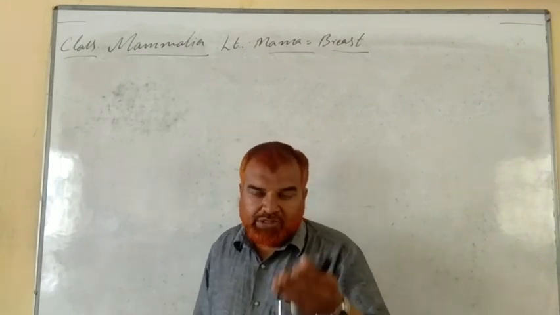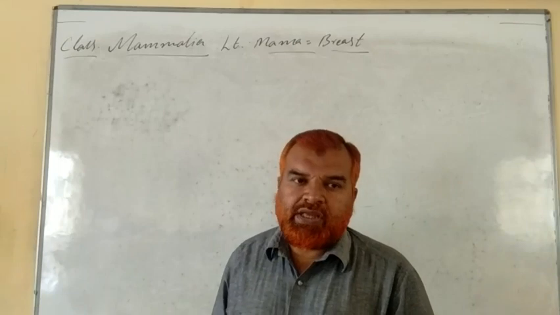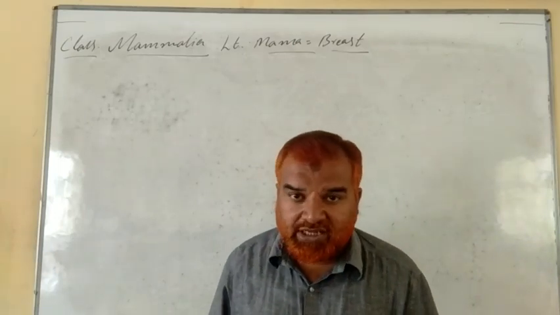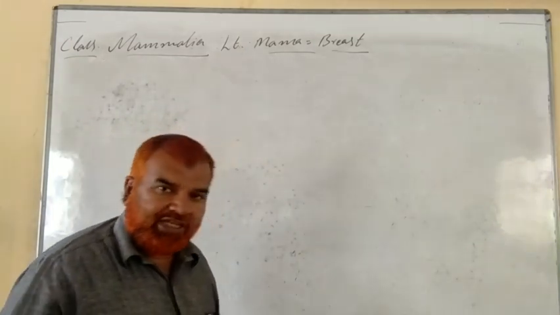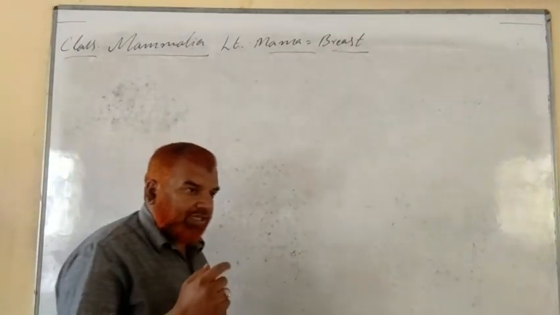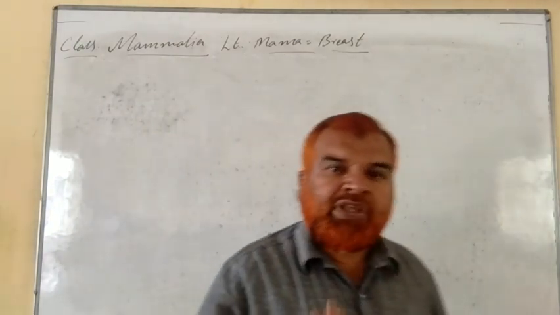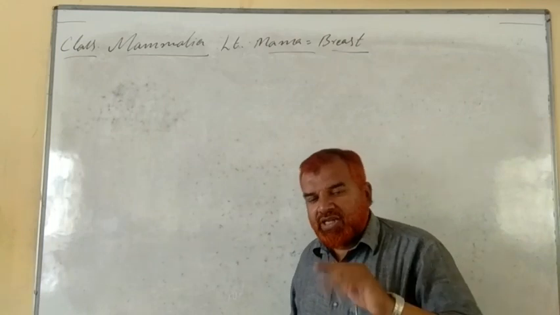You all know it is present in all mammals but functional in adult females. They become even more functional after the birth of the young one, when they secrete milk. Before that they are developed and grown up in adult females.